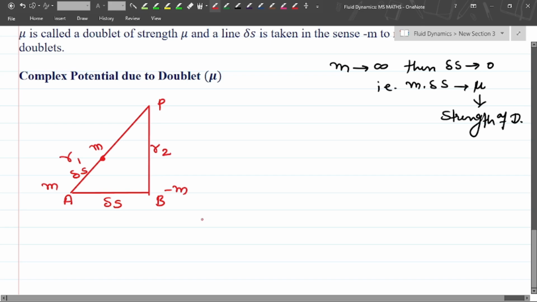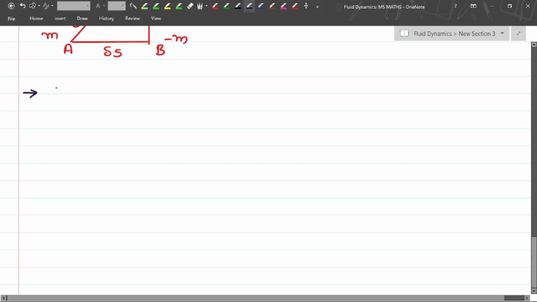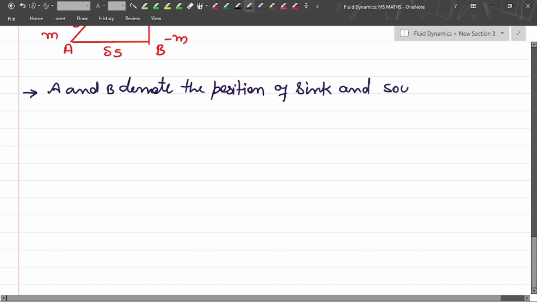Now, A and B denote the position of sink and source, and P be any point in the fluid.